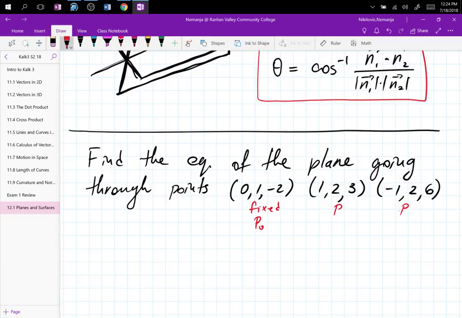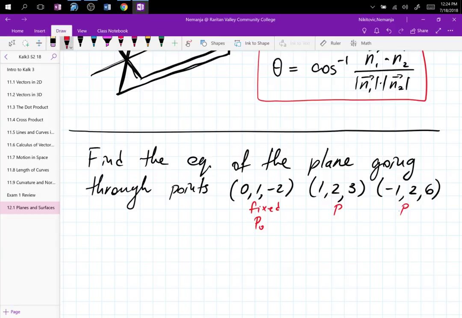So now you have two vectors that are in a plane. How are you going to get the equation of the plane out of those two vectors? The cross product of the two vectors in a plane will give you the normal vector, right? The equation of the plane requires you to know the normal vector because that's your A, B, and C on the left-hand side.